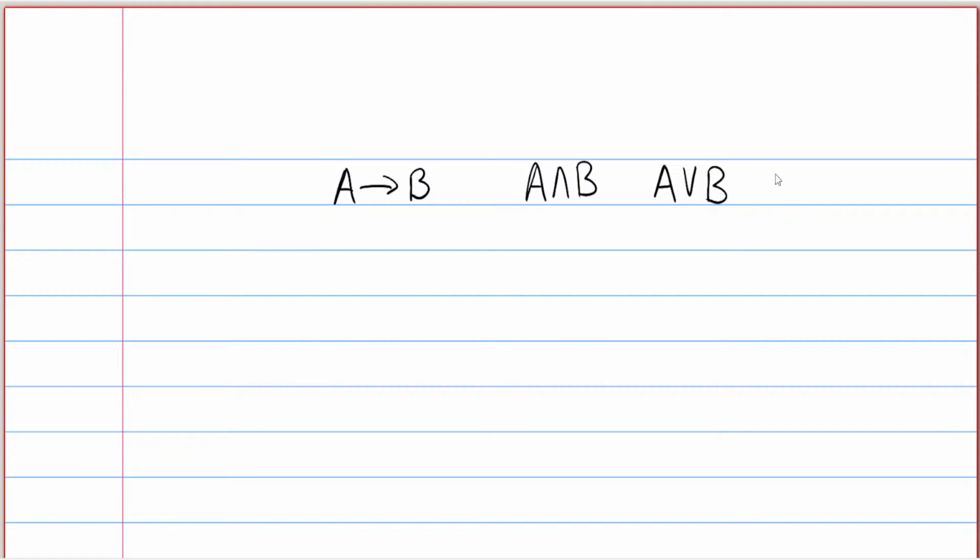And we have this as well. If we have this symbol in front of or before a statement, this just means the opposite of the statement. So this just reads A is not true. Right, so we have statements and ways to combine and build statements together.